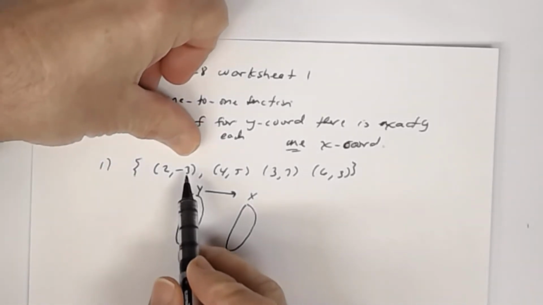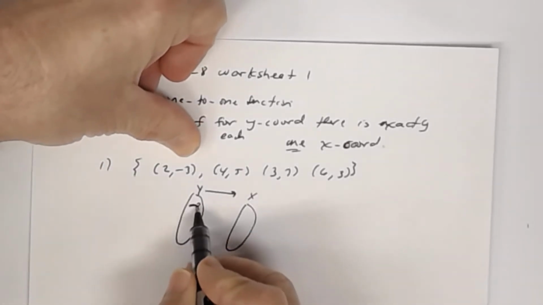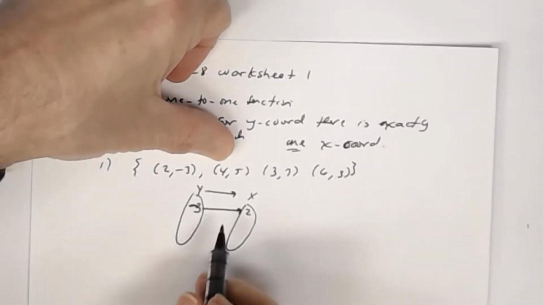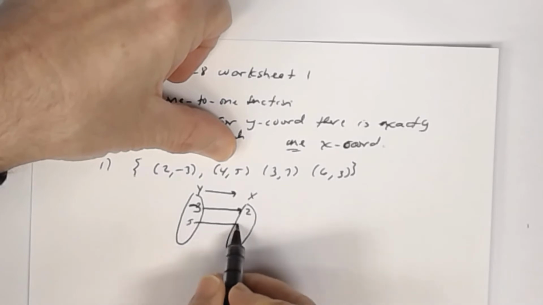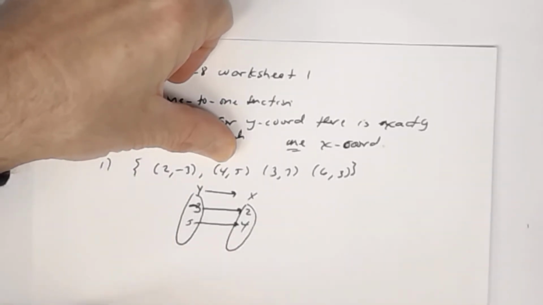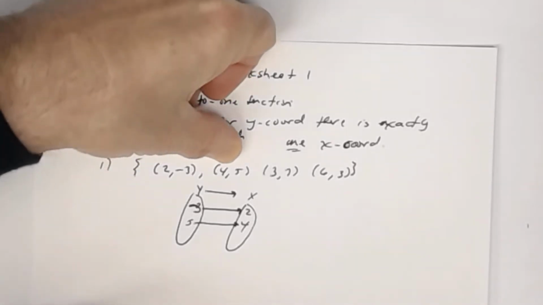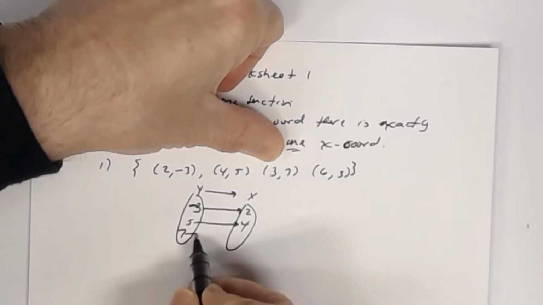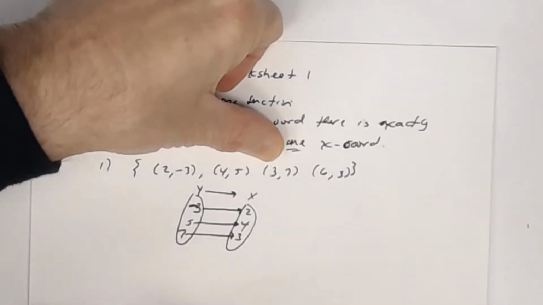So start with each one. When y is -3, my x value is 2. So far we're okay. When y is 5, my x value is 4. All right, so far we're okay. For each y, there's exactly just one x coordinate. When y is 7, I get the x value 3.